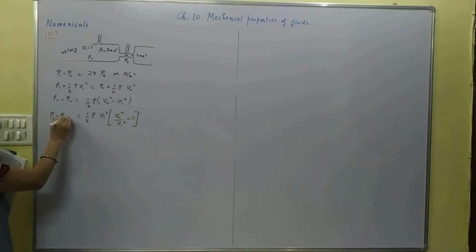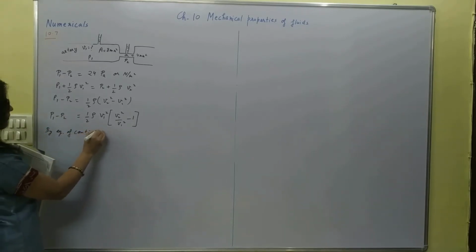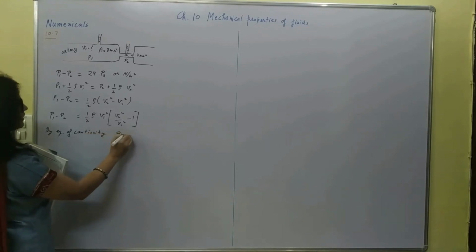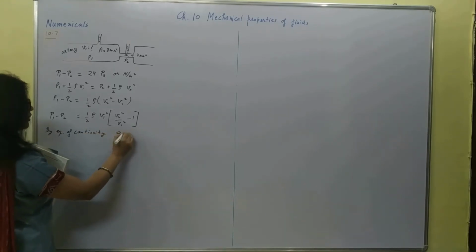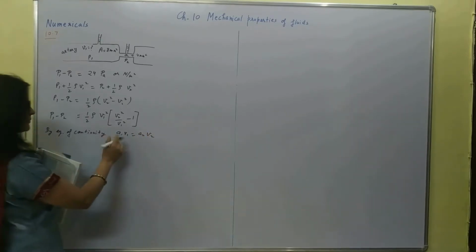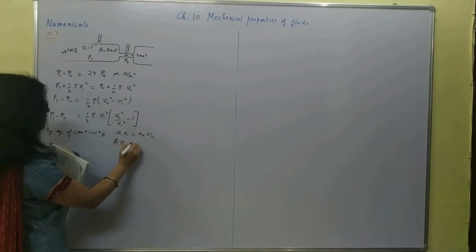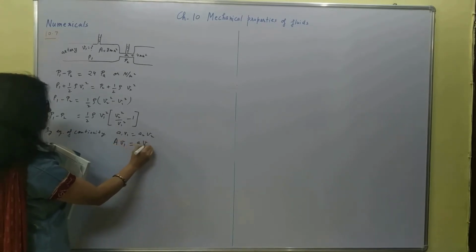And by equation of continuity, A1 V1 is equal to A2 V2. Area of cross section multiplied by velocity is constant. So for this case, this will be A V1 is equal to a V2.